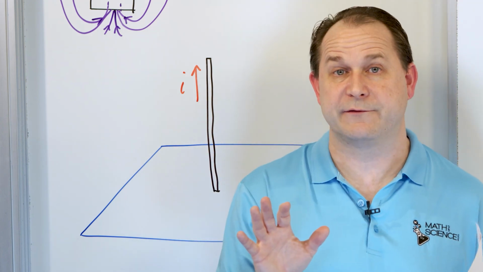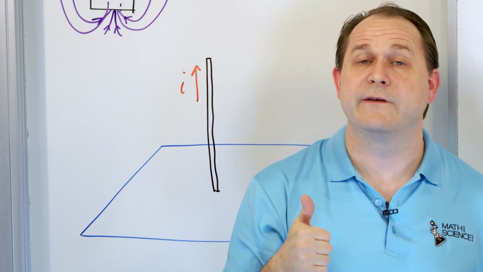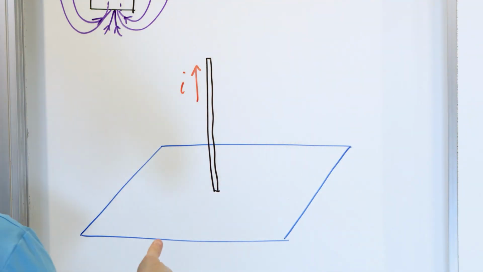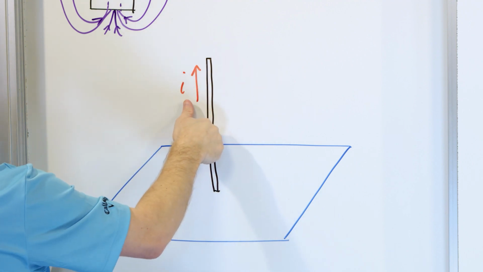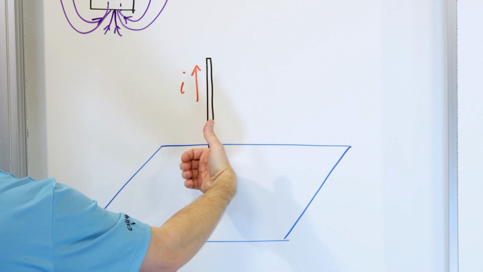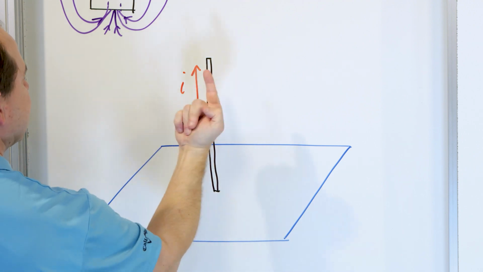Just hold on to that question for a second. You put your thumb in the direction of the positive current flow and your fingers curl in the direction of the magnetic field. So if my thumb is in the direction of the current flow, my fingers curl around this wire, and this tells me the direction of the magnetic field circulating like this.